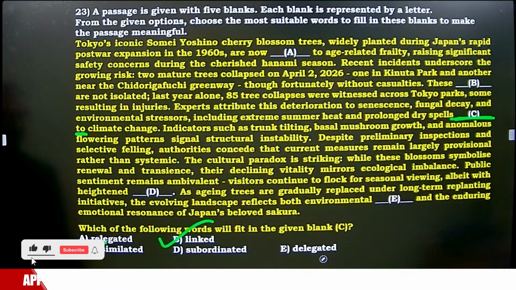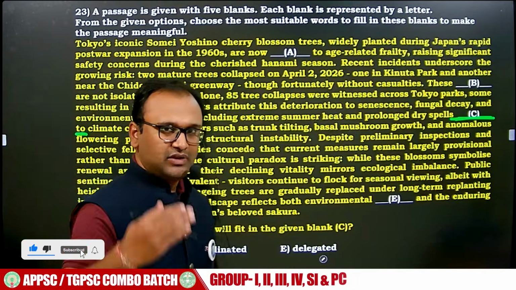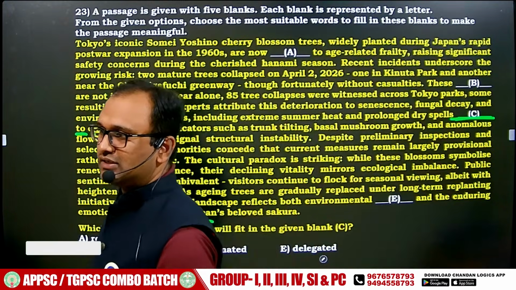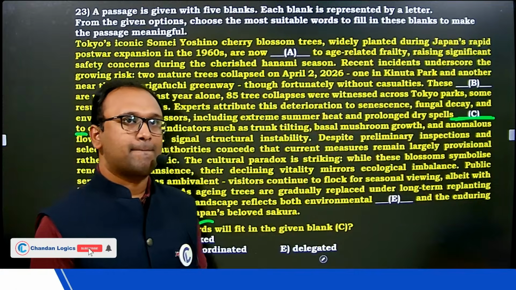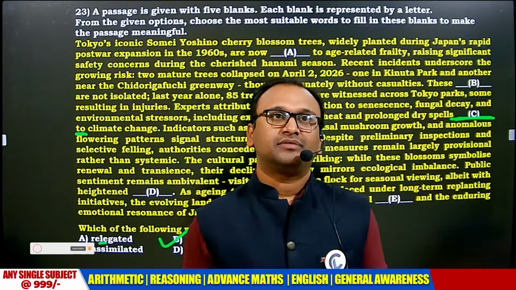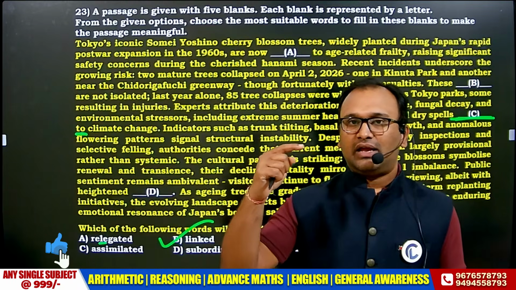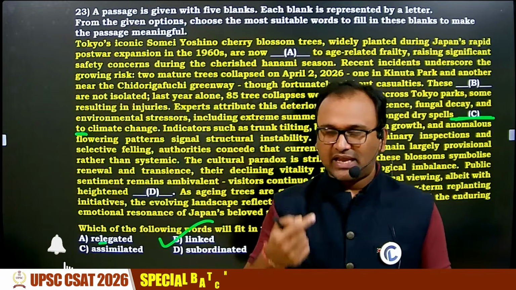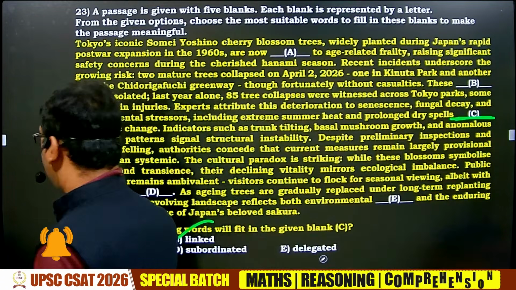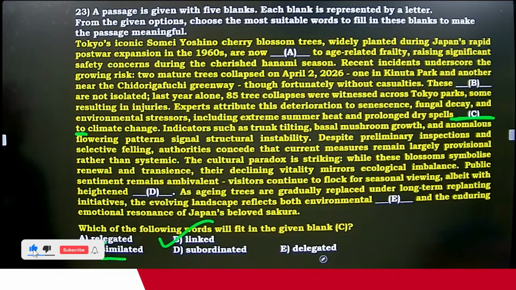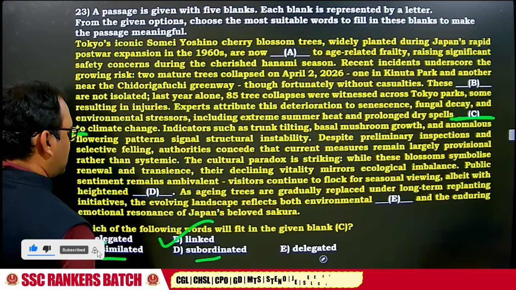Relegate. What is the meaning of relegate? Going to a lower cadre. For example, a senior manager became manager, or a sub-inspector became constable. That is called relegate. Assimilate means come together. Subordinated, everybody knows.